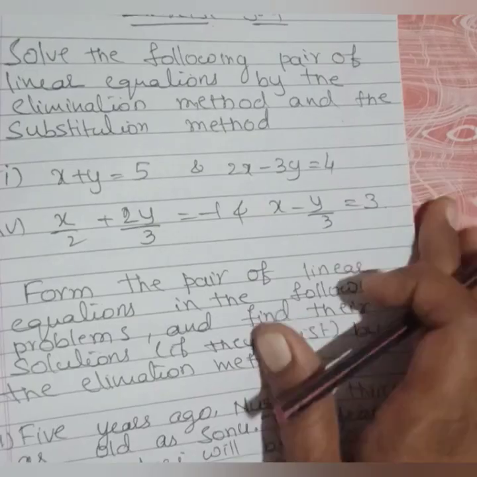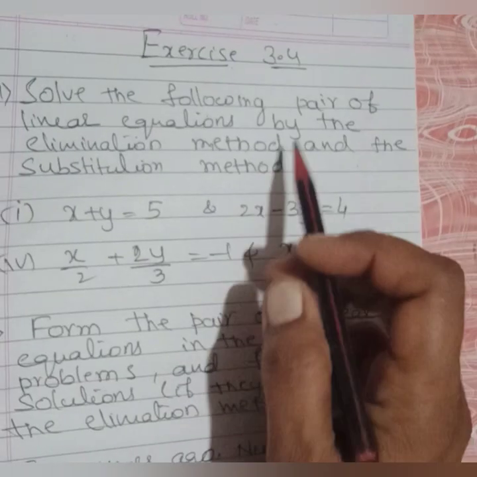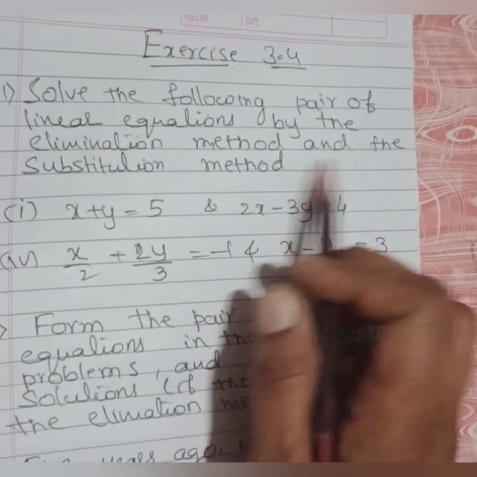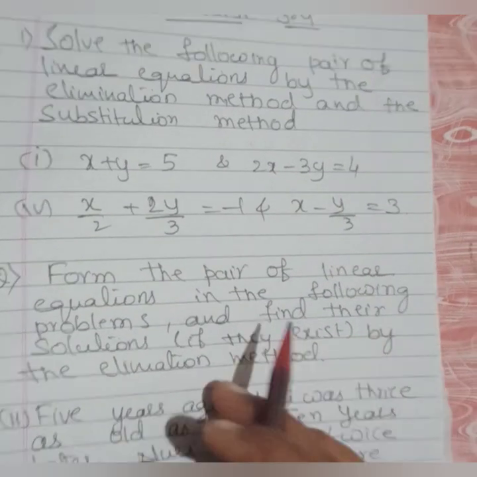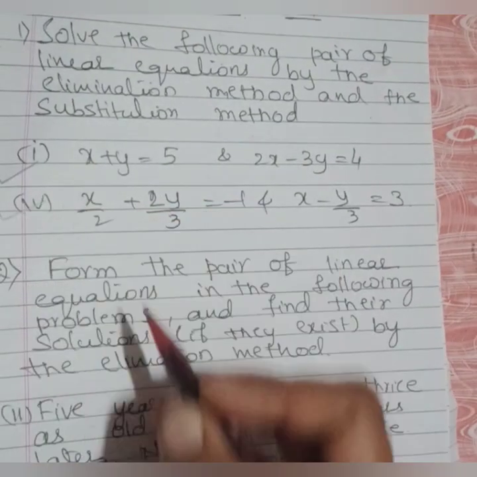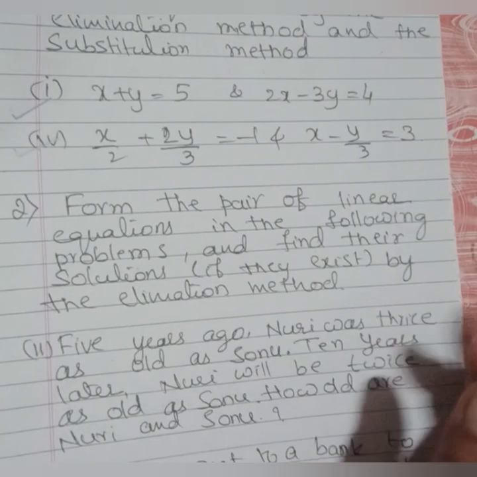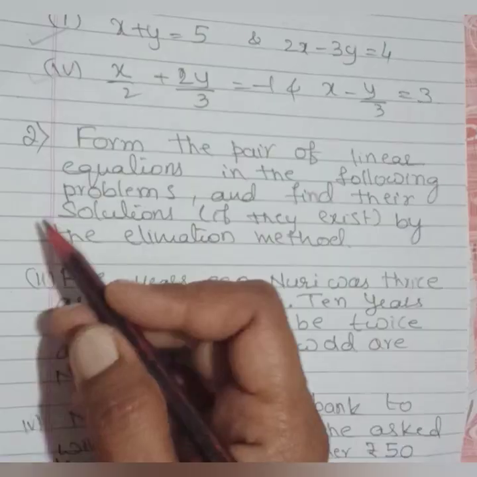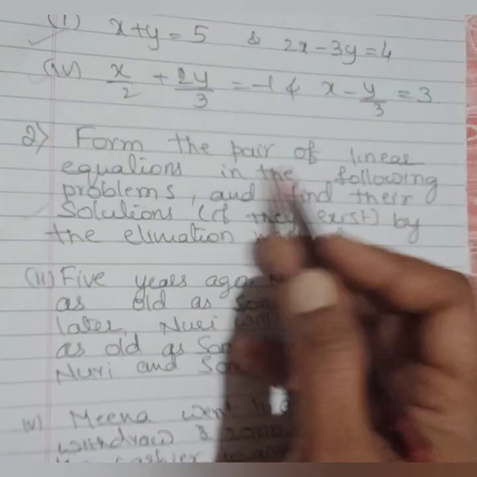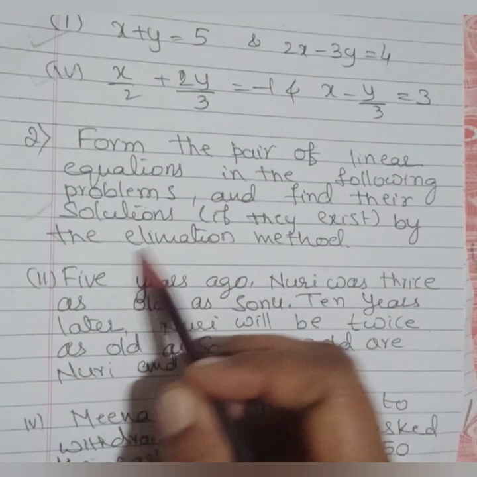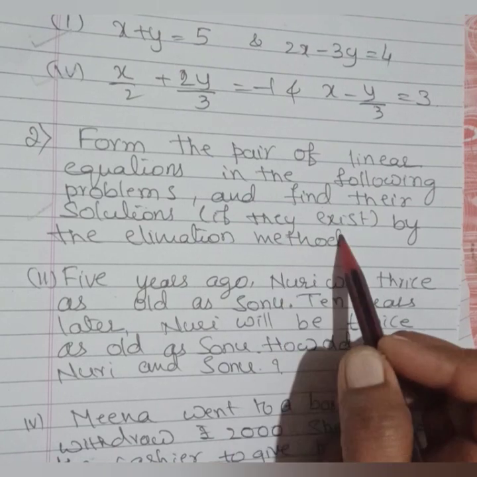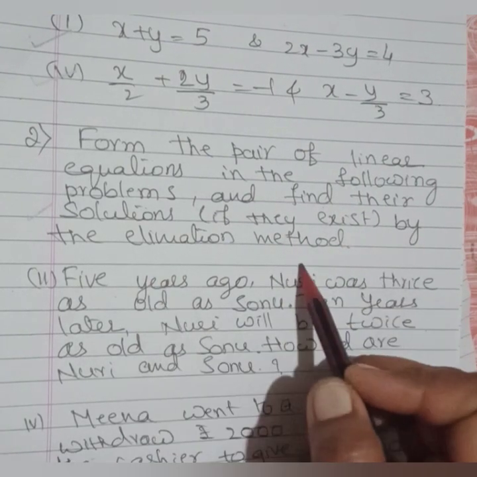So practice this one. Then moving to 3.4, here it asks you to solve the following pair of linear equations by the elimination method and the substitution method. Very simple concept. So you practice the sums; the first and fourth, give importance to those two questions. Then the second one you have is also important: form the pair of linear equations in the following problems and find their solutions if they exist, by the elimination method.